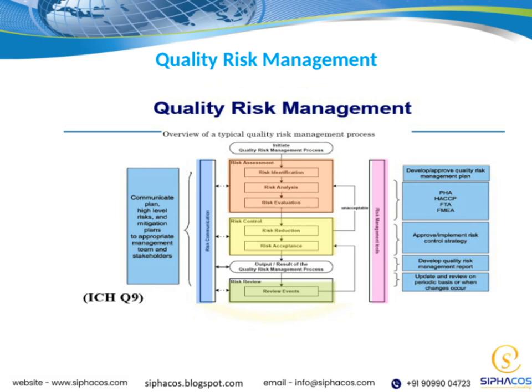By doing this, we not only protect the integrity of our products, but also maintain compliance with industry regulations. This concept ties directly into the overall theme of continuous improvement and ensuring patient safety. So, implementing robust risk management processes helps us deliver reliable, safe, and effective products every time.